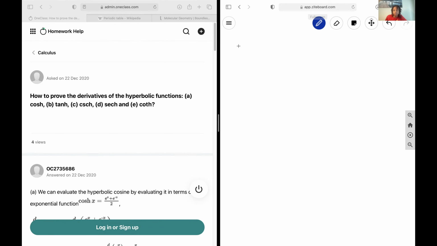Next up, we are looking for this. So as I said, this is equal to 1 over the hyperbolic function for cos. And so again, we're going to apply the quotient rule. We have f of x is equal to 1. The derivative is going to be equal to 0.